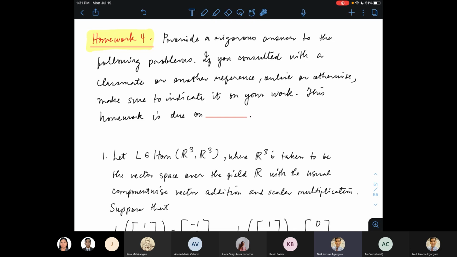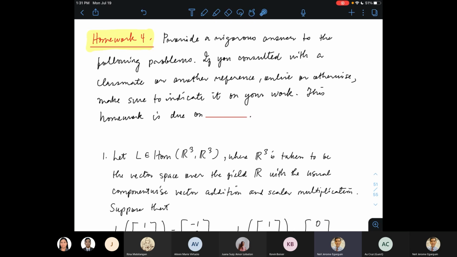And then we look at the kernel and the range of a linear transformation and said that they are subspaces of the domain and the codomain respectively. And as such, they do have dimensions, and their dimensions are given special names. The nullity of a linear transformation is the dimension of its kernel, while its rank is the dimension of its range.